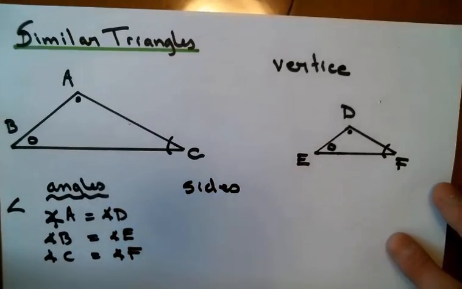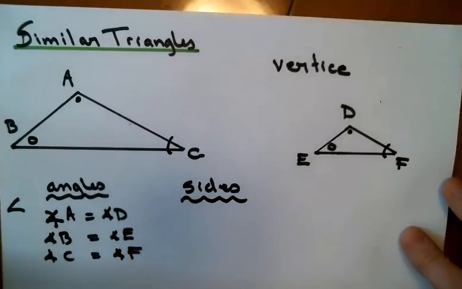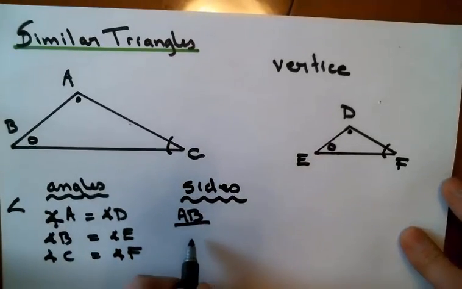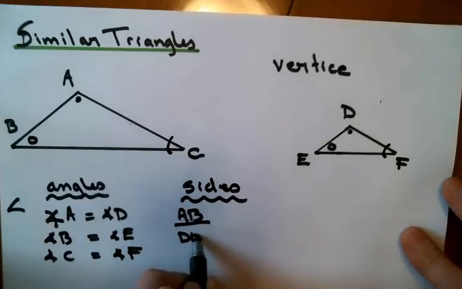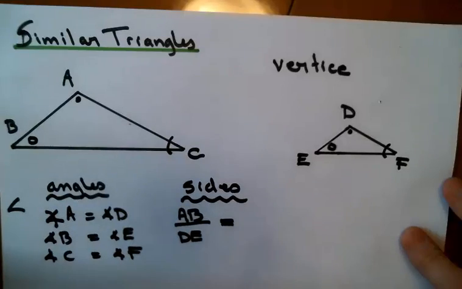Now, here's the thing. Since it's got a scale factor, the sides are what we call proportional, and it would look like this. So length AB over length DE, that's going to create like a scale or a ratio, and it's all going to equal out to the other sides' ratios.